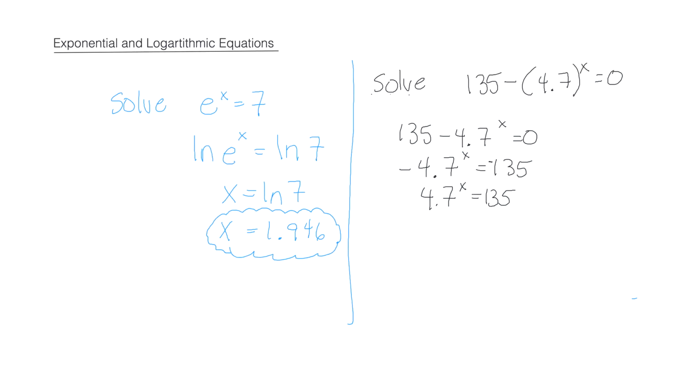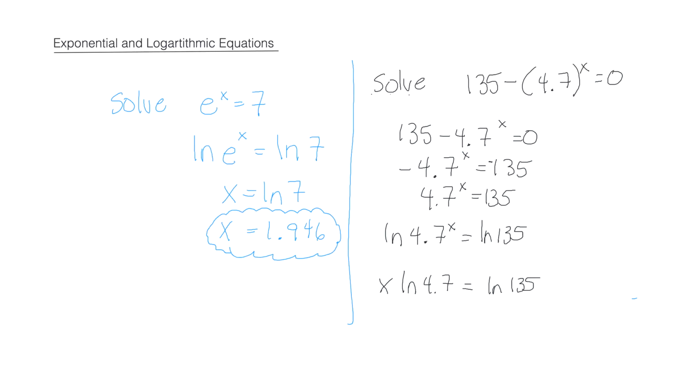Natural log of 4.7 to the x equals natural log of 135. This x will come in front of the log. So x times the natural log of 4.7 equals natural log of 135.